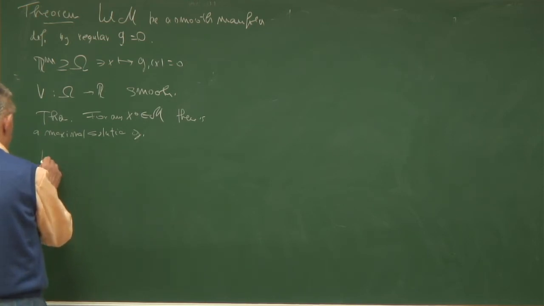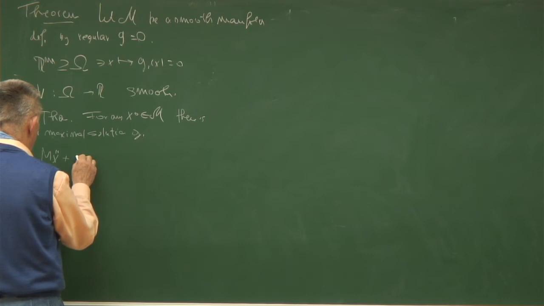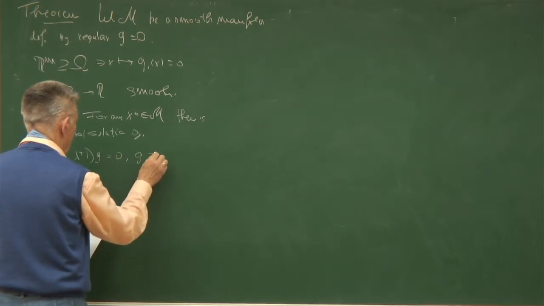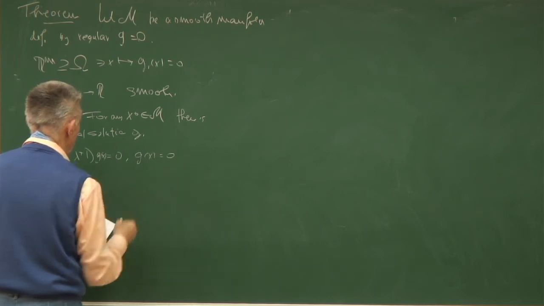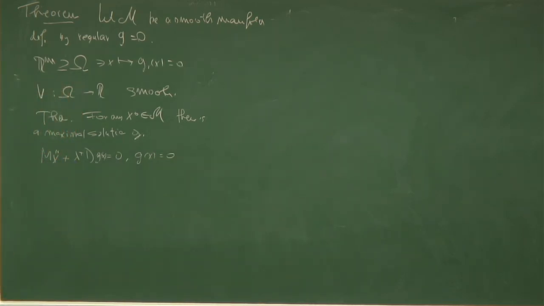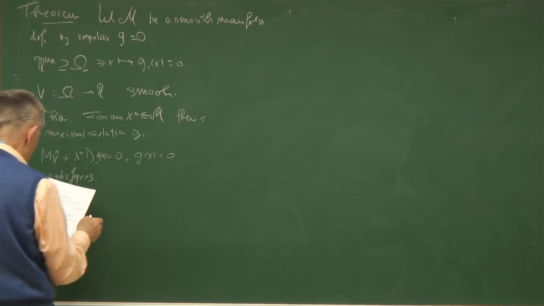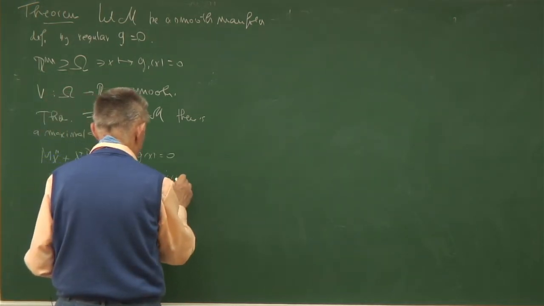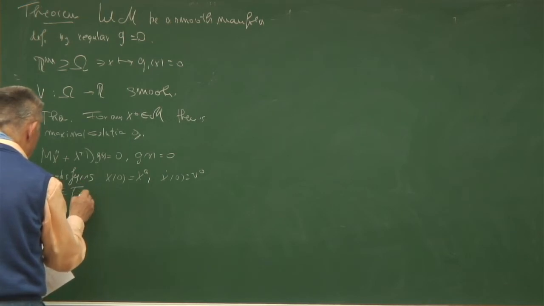Of satisfying x of 0 equals x0 and x point of 0 equals v0, well, v0 is from the tangential space of x0.